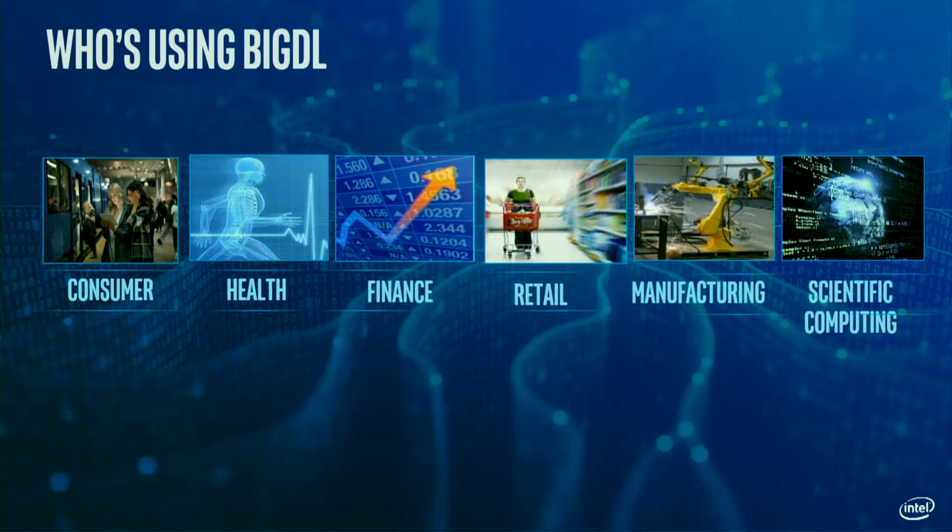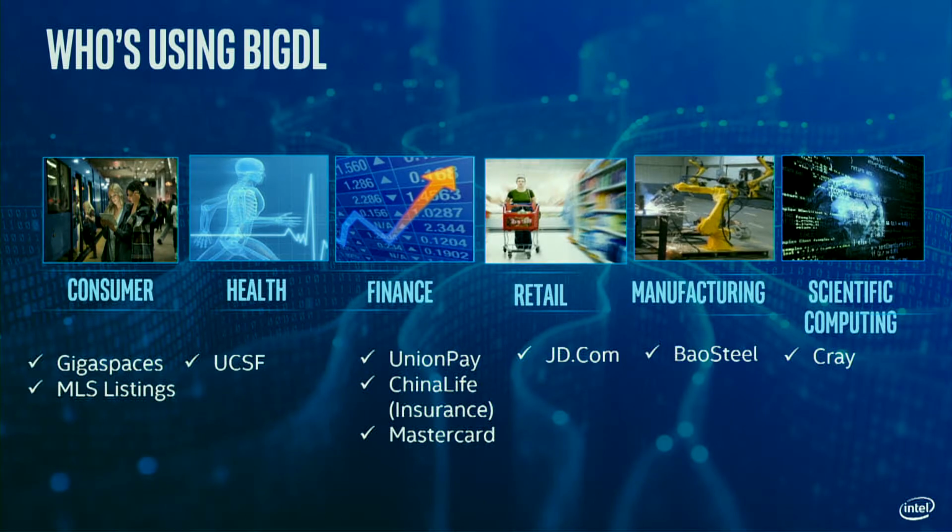So who is using BigDL? We are cooperating with a lot of our partners in different areas. On the consumer side, we got Gigaspace and MLS Listing, and I will talk about those two use cases later. Gigaspace is using BigDL for speech recognition.